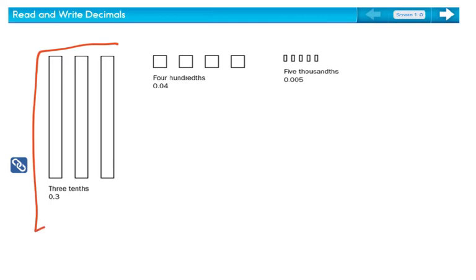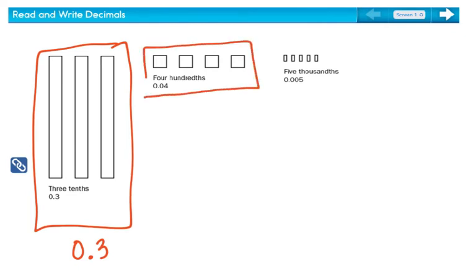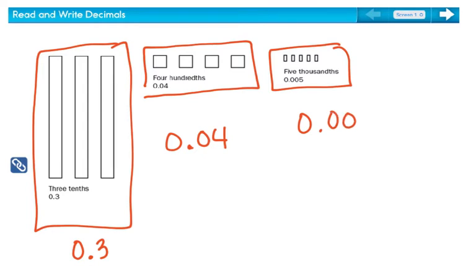Here we have 3/10, and we read that as 3 tenths. Here we have 4 hundredths, and here we have 5 thousandths. So the number before the decimal place is called the ones, you know that.